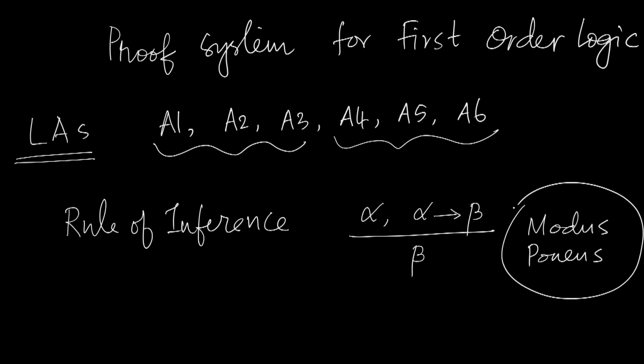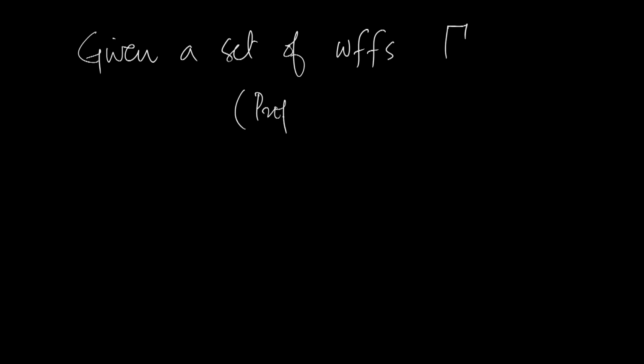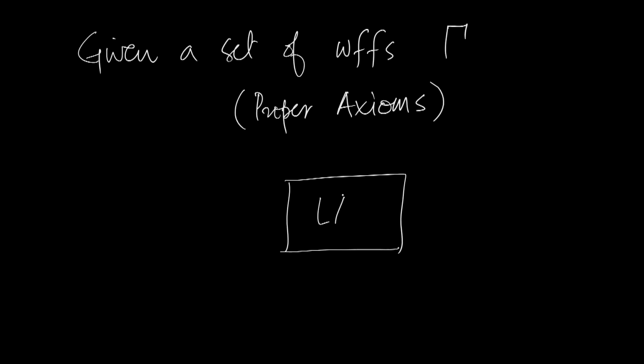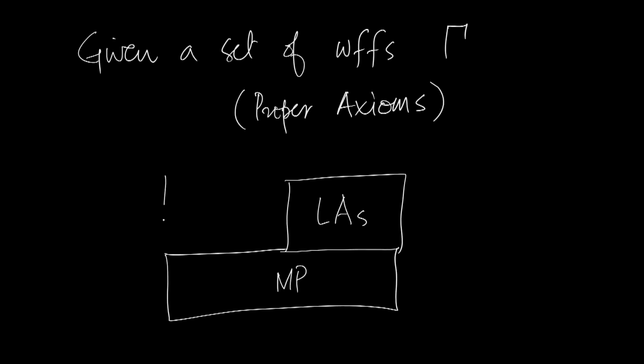What this means is that given a set of formulae gamma, which will form the set of proper axioms, we have a system like this. We have the logical axioms and we have the rule of inference modus ponens, and we have a set of proper axioms gamma.